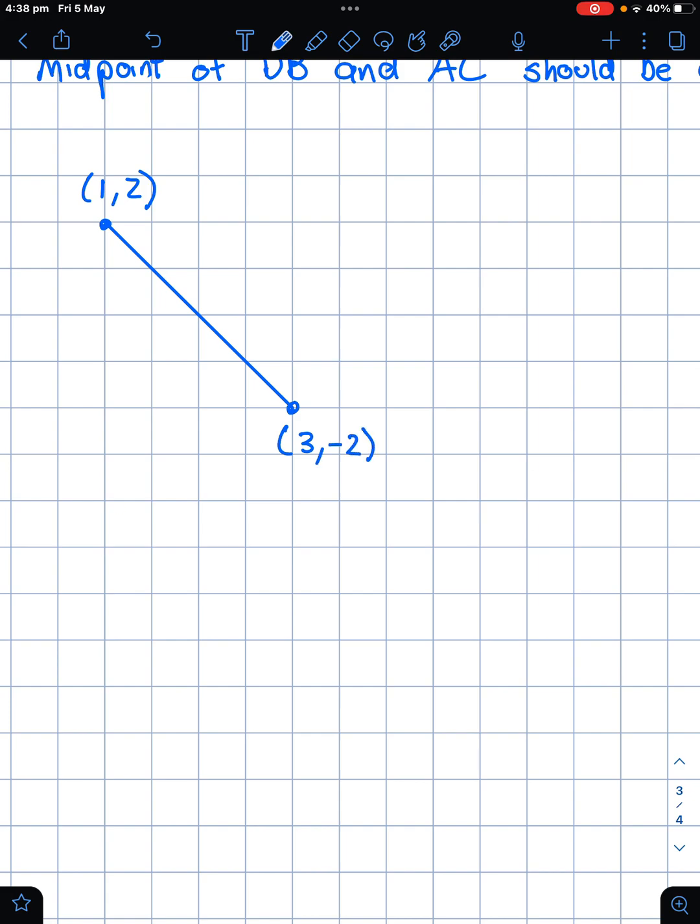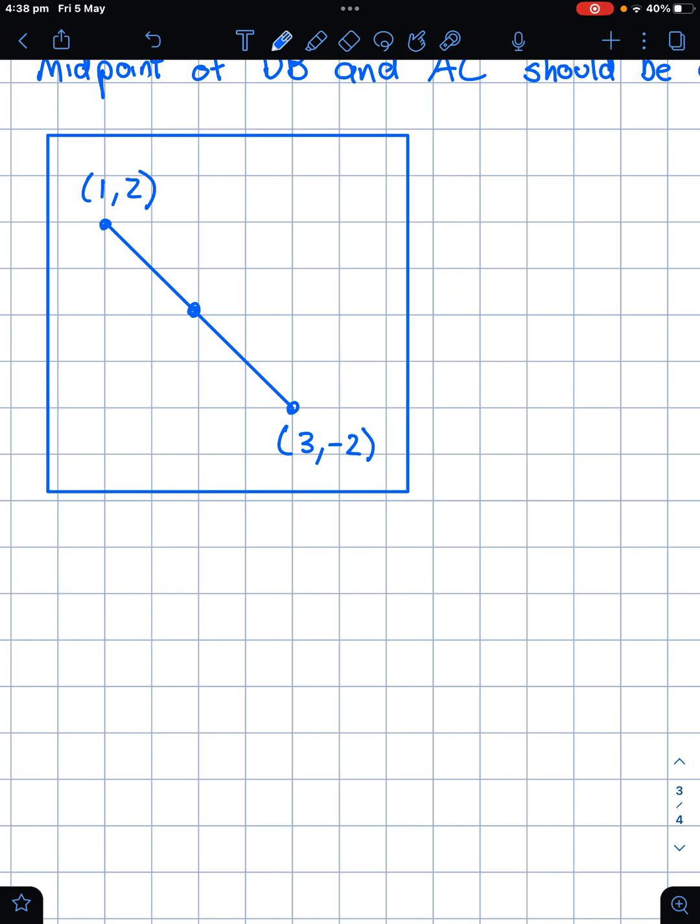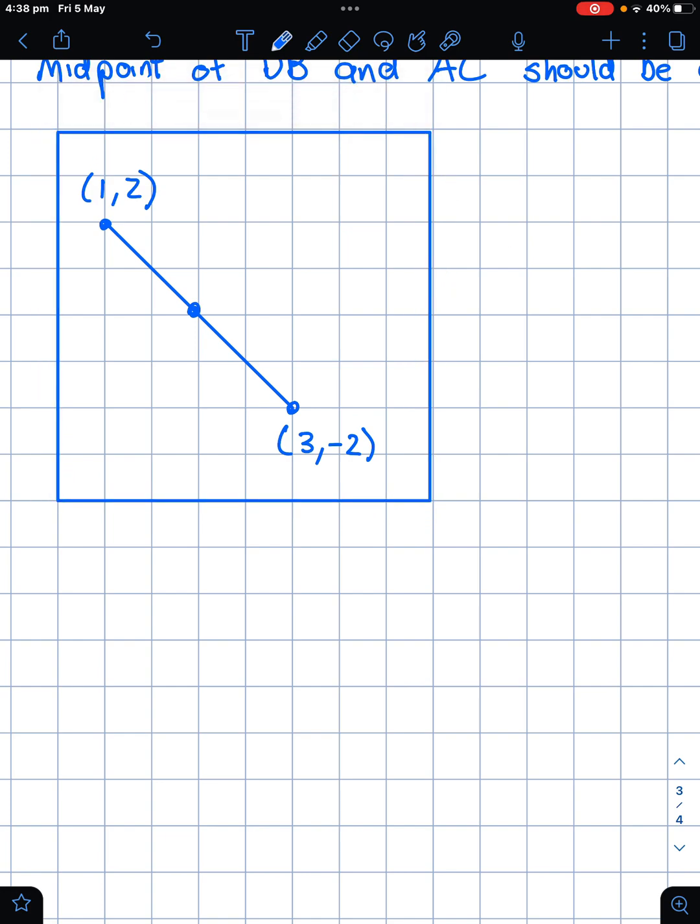to find the midpoint of these coordinates, so let me just put a box around this so we don't mess this for our diagram. So this is just an example. All we do is we go, well, 1 plus 3, which is my x components, divided by 2, and 2 plus negative 2 divided by 2 will be my midpoint. So this will be 1 plus 3 is 4, divided by 2 is 2, and 2 minus 2 is 0.